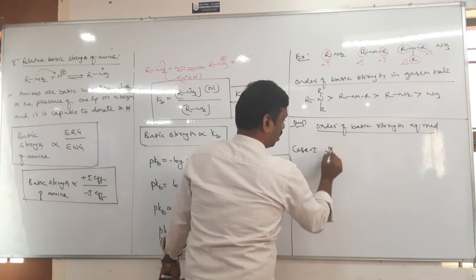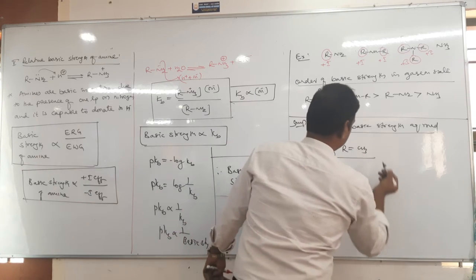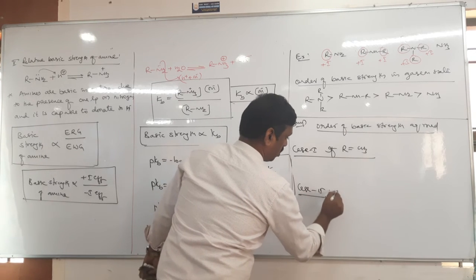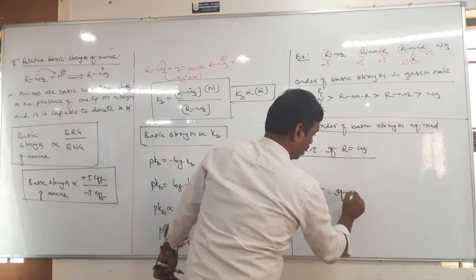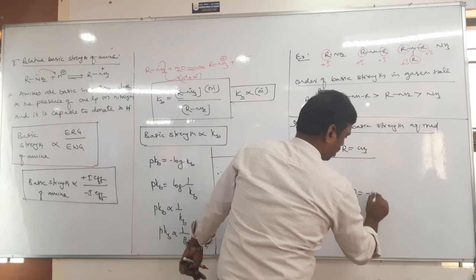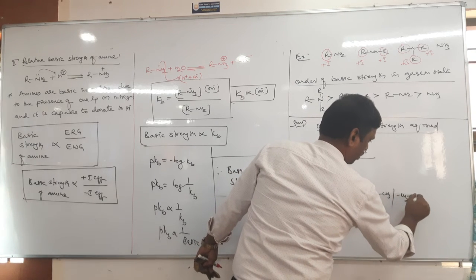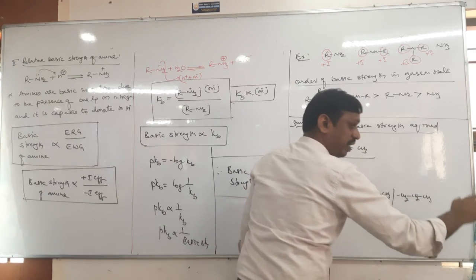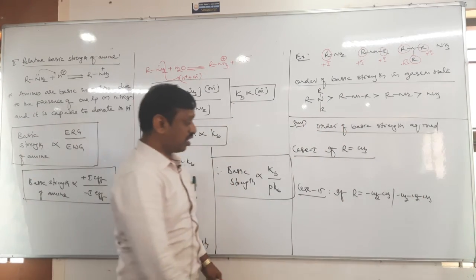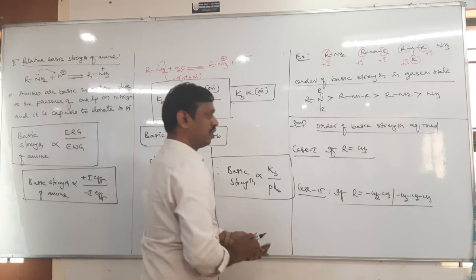Case 1, if R is equal to methyl. Case 2, R means alkyl, R other than methyl. It may be ethyl, propyl, butyl, pentyl, whatever alkyl comes. This is case 2.